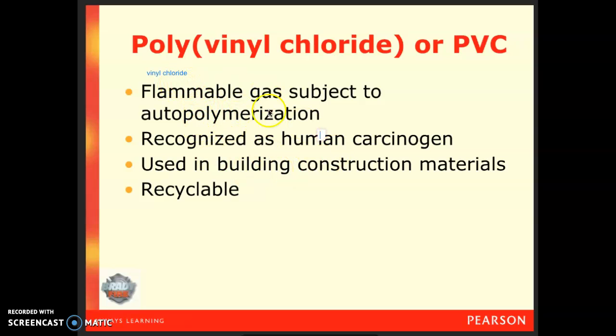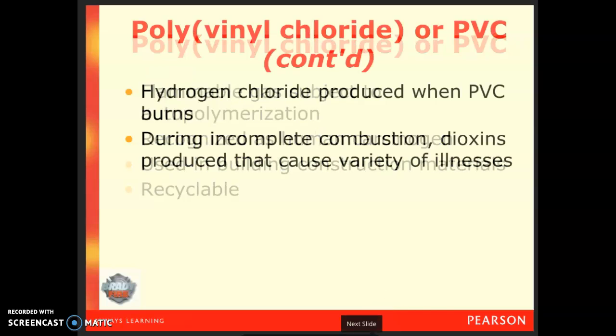But when it autopolymerizes, we find it is very useful. It's very rigid, it holds a shape very well, and we find it in a lot of construction materials. It's actually become one of the more preferred ways of doing large scale plumbing. It's recyclable, it has a lot of good uses, and it's gained a lot of traction in recent years as a result.